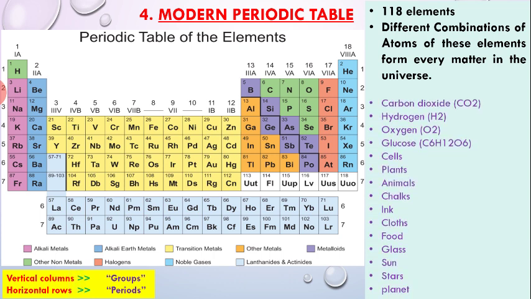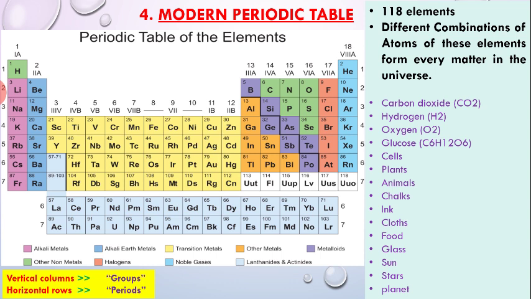As we have discussed, different combinations of these elements form every matter in the universe, which includes carbon dioxide, the gases that surround us, hydrogen gas, oxygen, glucose, cells, planets, plants, animals, chalk, ink, clothes, fluids, glass, the sun, stars.